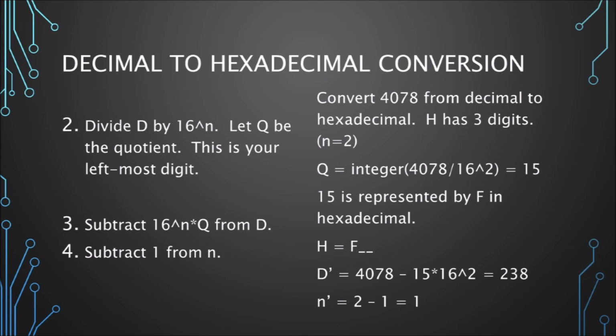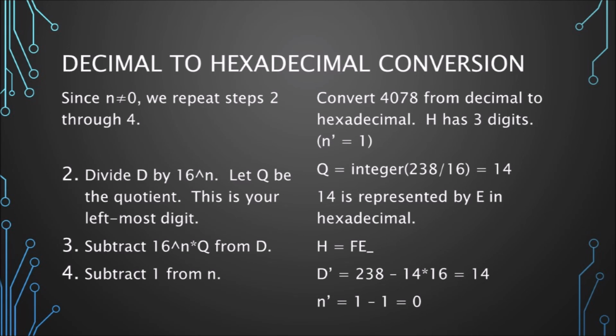The quotient of 4078 divided by 16 squared is 15, which is represented by F in hexadecimal form. Our leftmost digit is F in our answer. The new D is 4078 minus 15 times 16 squared, equal to 238, and the new n is 2 minus 1, equal to 1. Since n is not 0 at this point, we repeat steps 2 through 4.